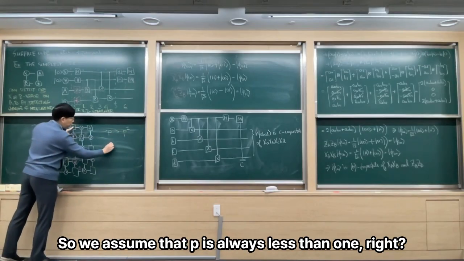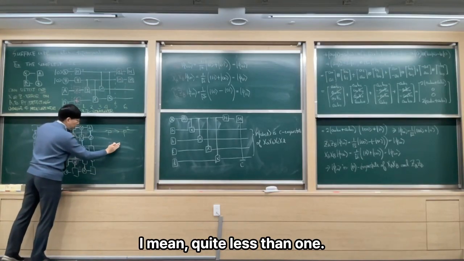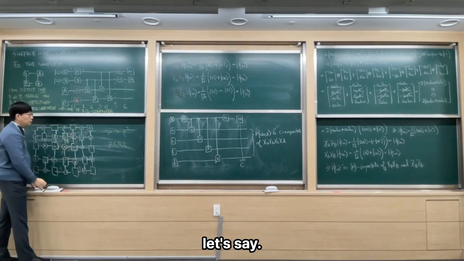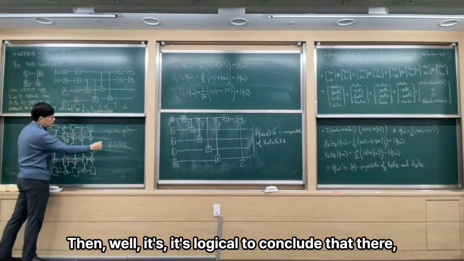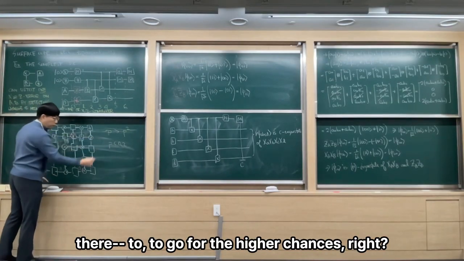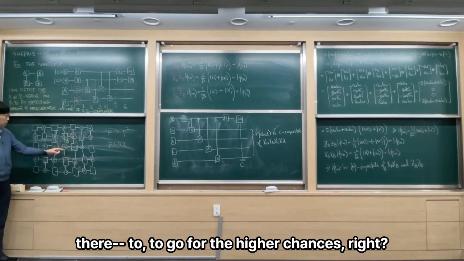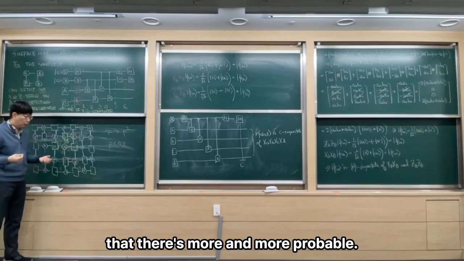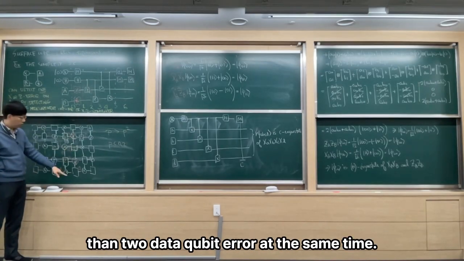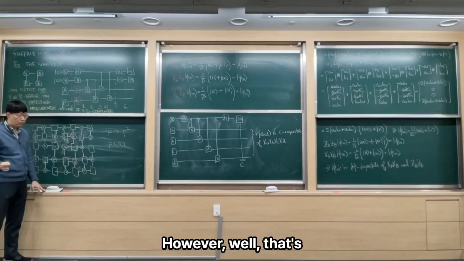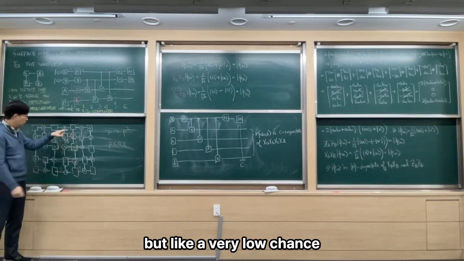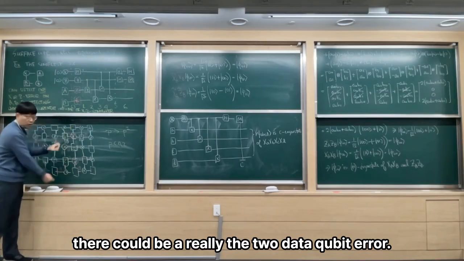We assume that p is always less than 1, quite less than 1, let's say 0.2 or something, like 20%. Then it's logical to go for the higher chances. We have to assume that it's more probable to have one data qubit error than two data qubit errors at the same time. However, that may not be the case. With a very low chance, it could really be the two data qubit error.